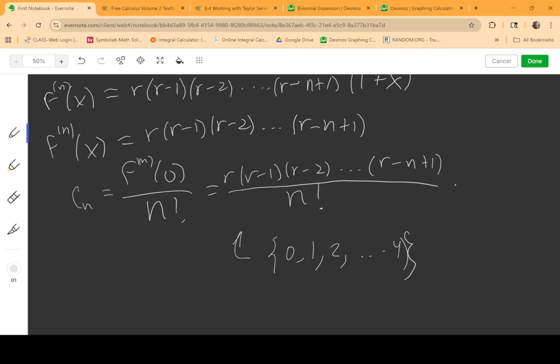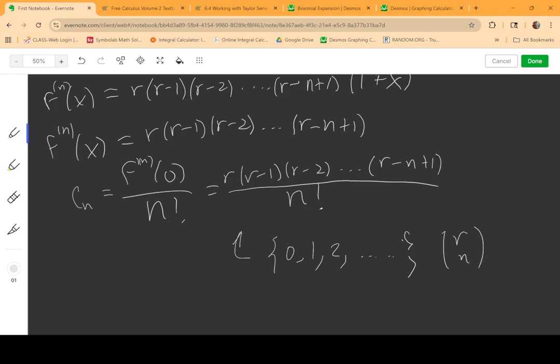It is, in fact, r choose n. When r is 0, 1, 2, just in general, any value, 50, 500, whatever, then that formula converges to r choose n.